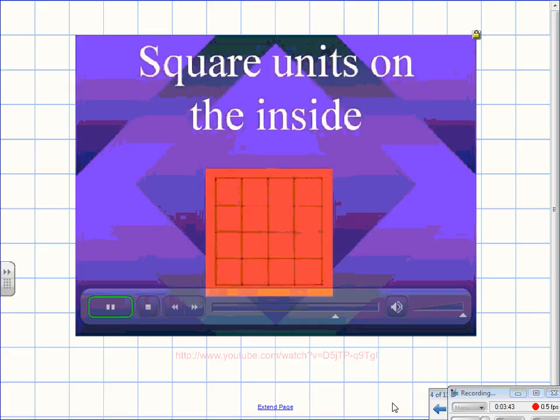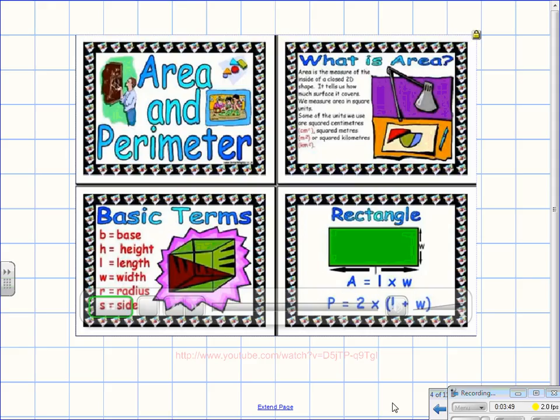Square units on the inside. It's all around the outside. It's good. The area's the inside. Multiply square units on the inside.